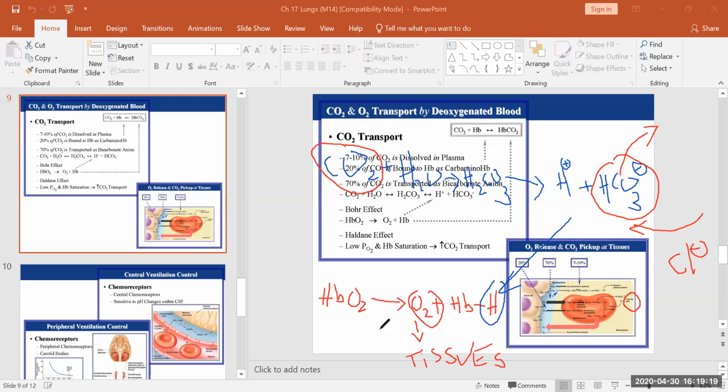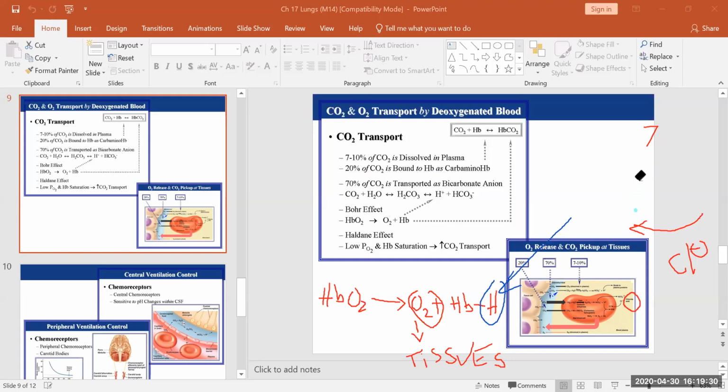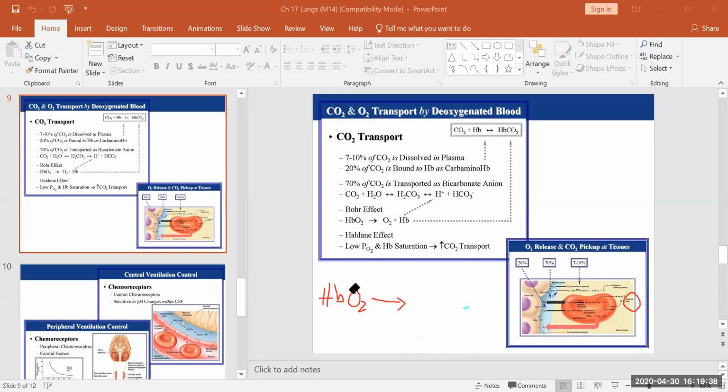There are two concepts related to this. I will explain it, but just in case it's not clear, I will give you the passage of the book where they specifically talk about the Haldane effect and the Bohr effect.